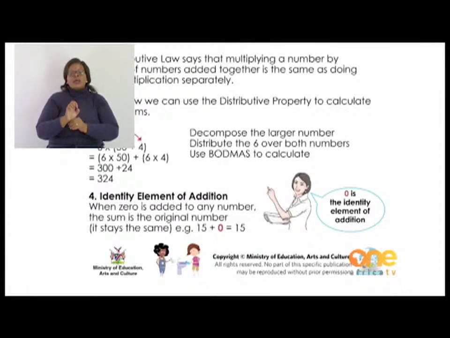You must take note of that, because a question can come and say, what is the identity element of addition? Then you must answer as 0.